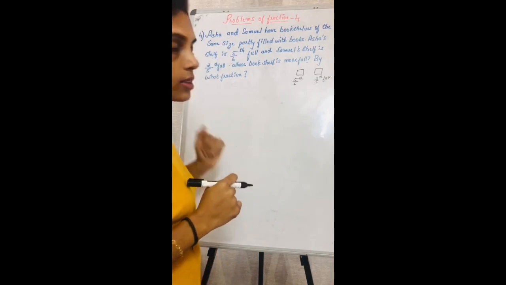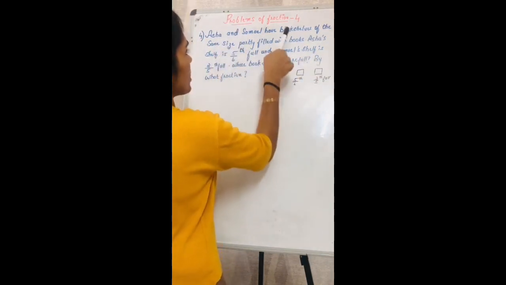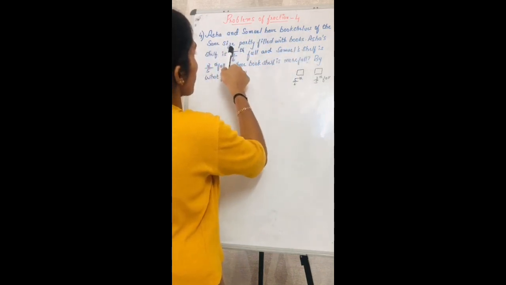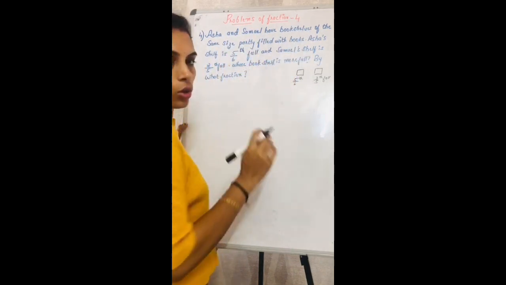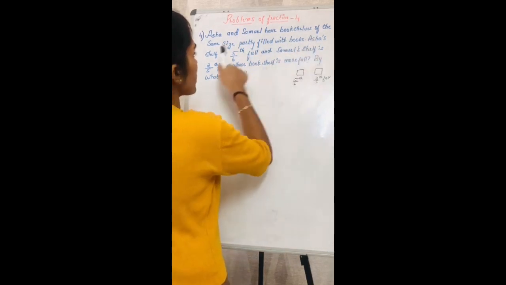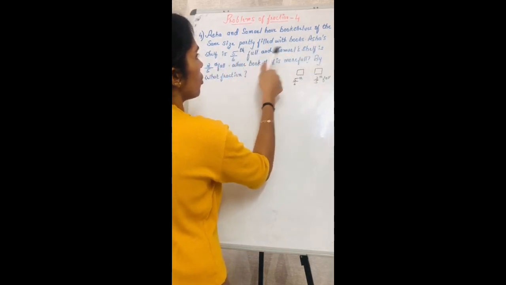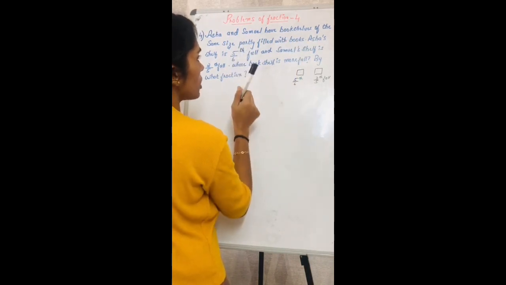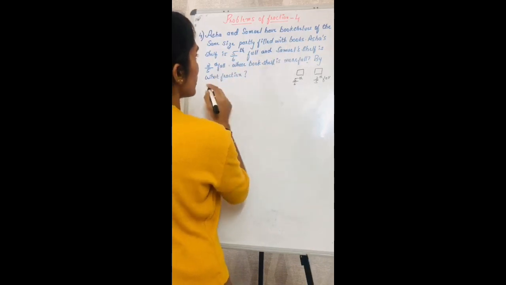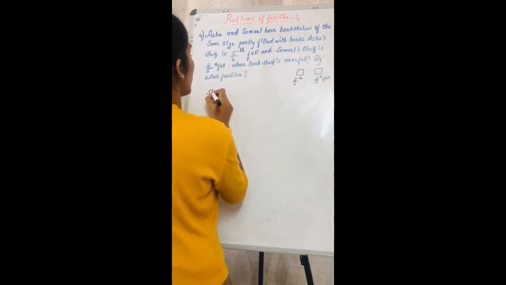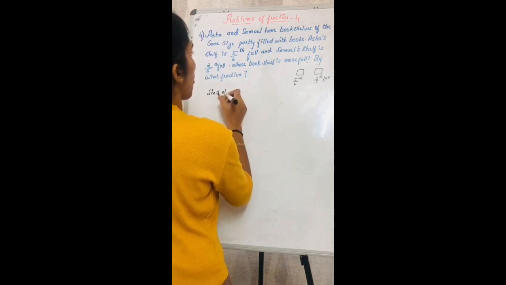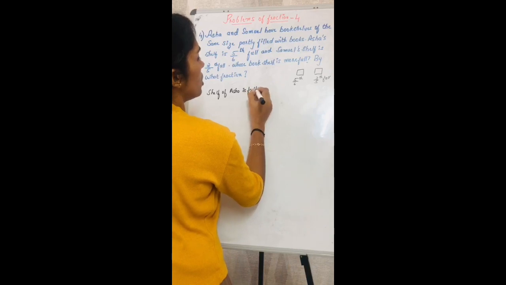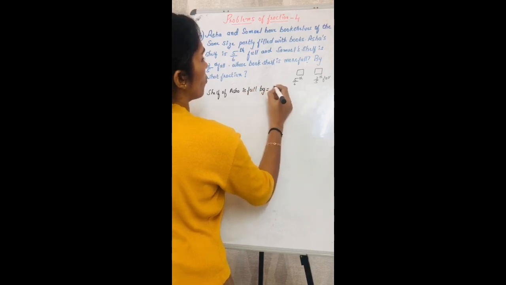Now let's quote our steps. In the first sentence you don't have anything to quote. Just Asha and Samuel have bookshelves of the same size filled with books. The second, Asha's shelf is 5 by 6 full. So now what are you talking about with 5 by 6? You are talking about the shelf, right? So how will you start the sentence? Shelf of Asha is full by 5 by 6.